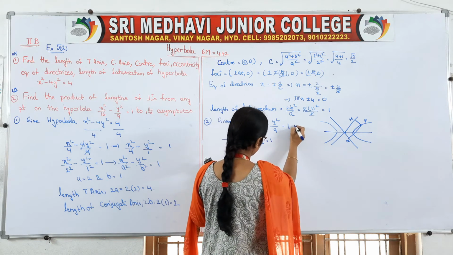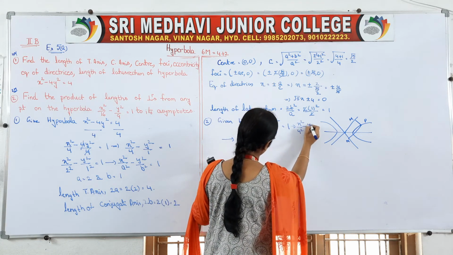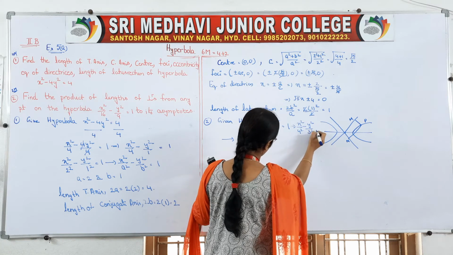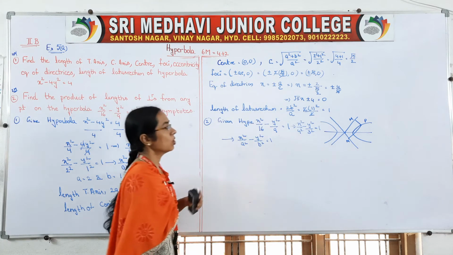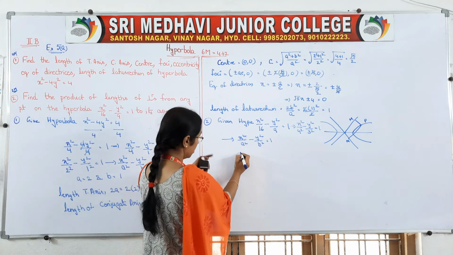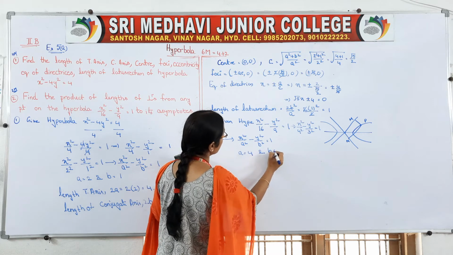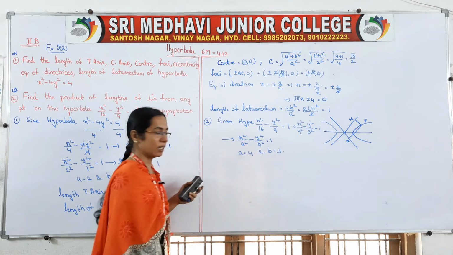We can write this as x square by 4 square minus y square by 3 square, isn't it? So exactly in that form. So that means a is equal to 4 and b is equal to 3, right?